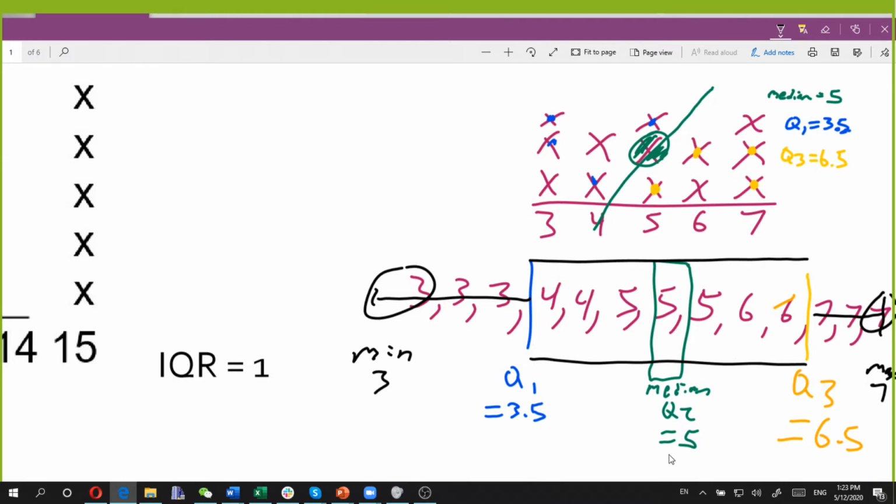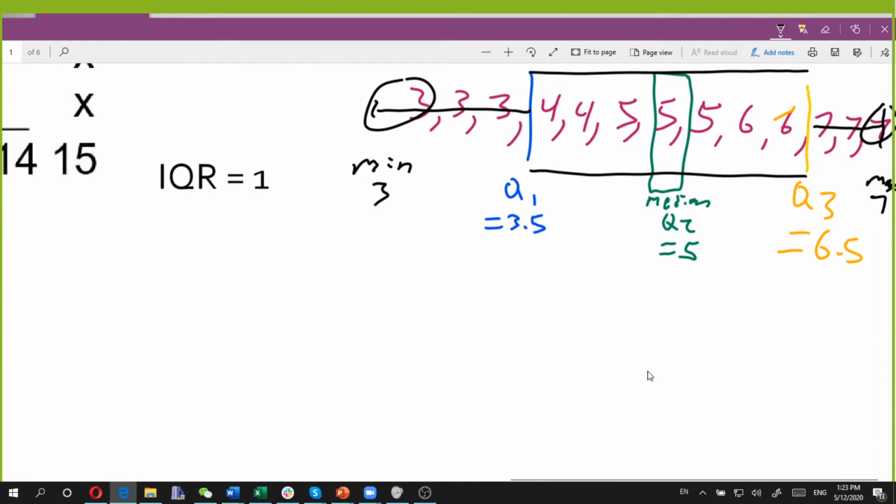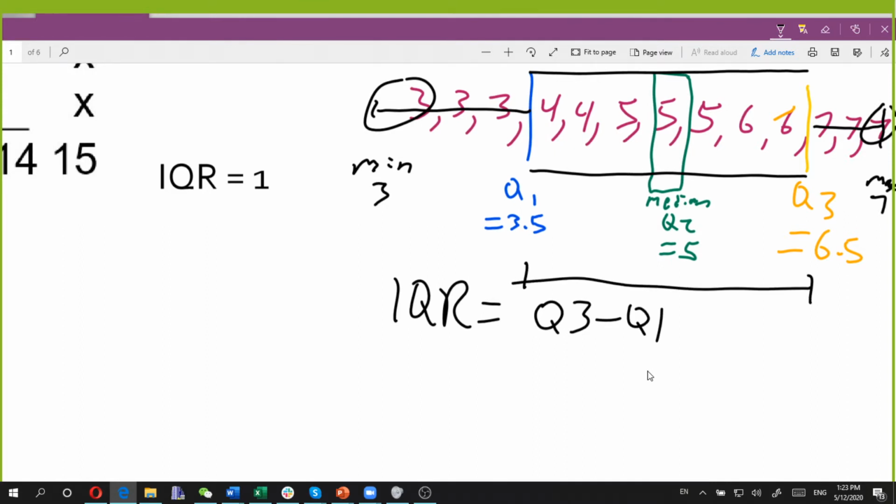Okay, my IQR is Q3 minus Q1, so that's what range would the middlemost 50% of our data fall in. So the range of values between the 75% mark at Q3 and the 25% mark at Q1 would be 6.5 minus 3.5 is 3. The middlemost 50% of values fall within a range of 3. Does that make sense?